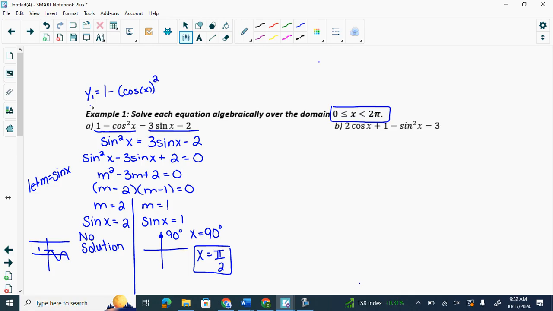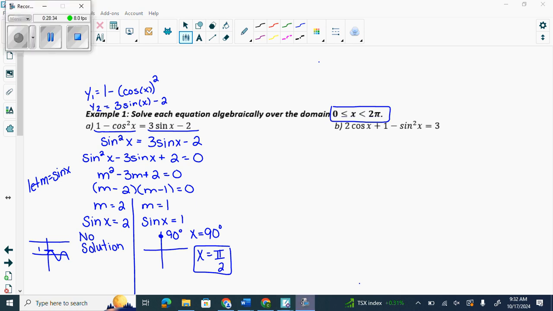And y2 is going to be 3 sine x minus 2. Find out where they intersect. You could do the range between 0 and 2 pi. You'd have to make sure your calculator's in what mode then? Radian, right? Or you could just leave it in degree and convert at the end. That's what most people will choose.